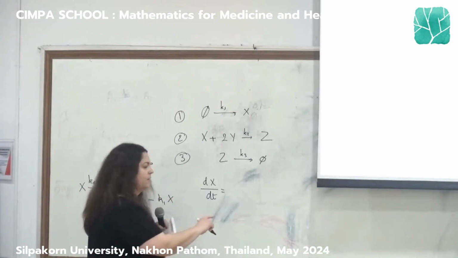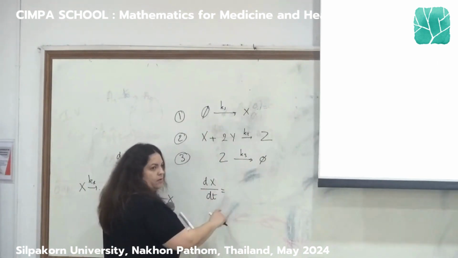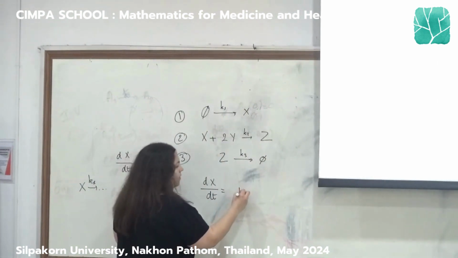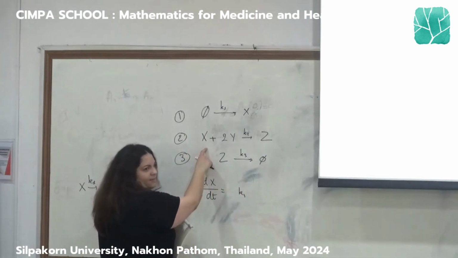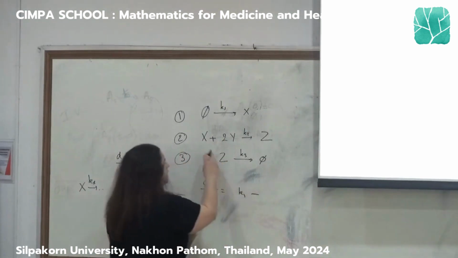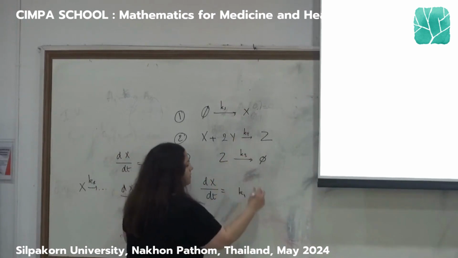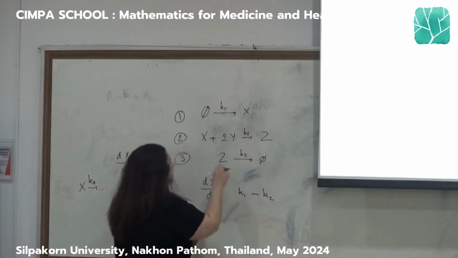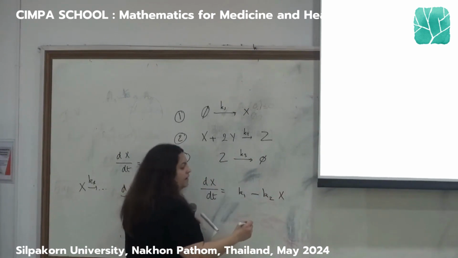Sorry, yeah? So I'm asking the rate of this reaction. Okay, and then the rate for this reaction is other. Yeah, that's minus because X is disappearing. K2, yes, that's here. Y and? Yeah, Y squared.